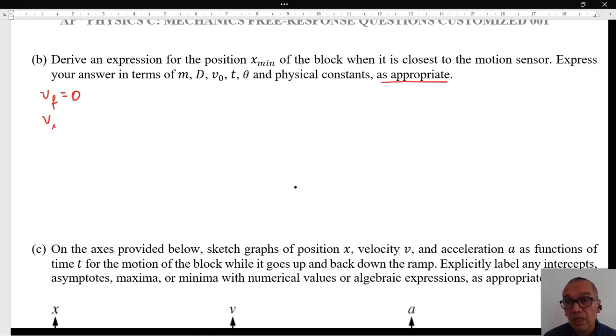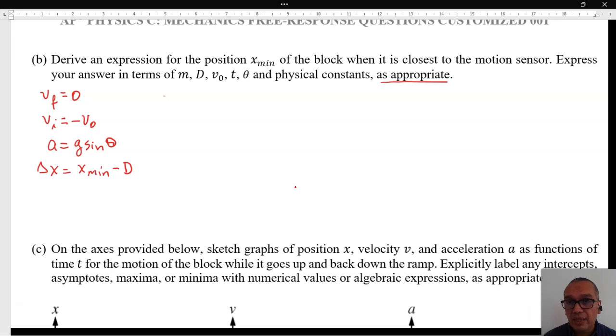Now remember that your initial velocity is negative v naught, and above you just got the acceleration, which is positive g sine of theta. Now the displacement for this situation has to be the final position x min, which is what you are looking for, minus the initial position d. There is a kinematics equation for this.